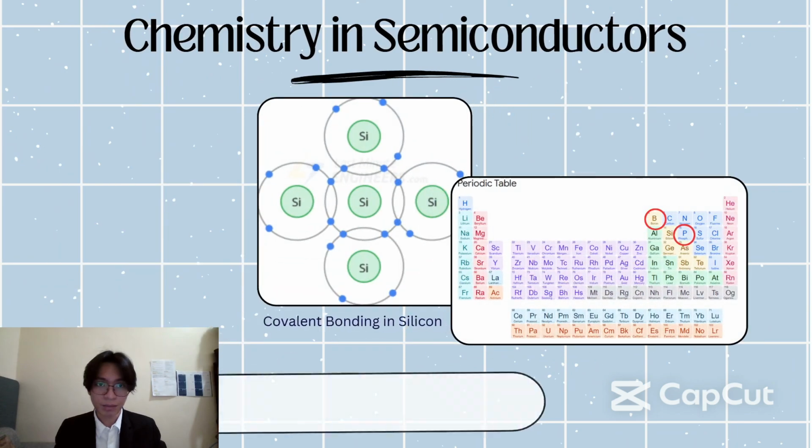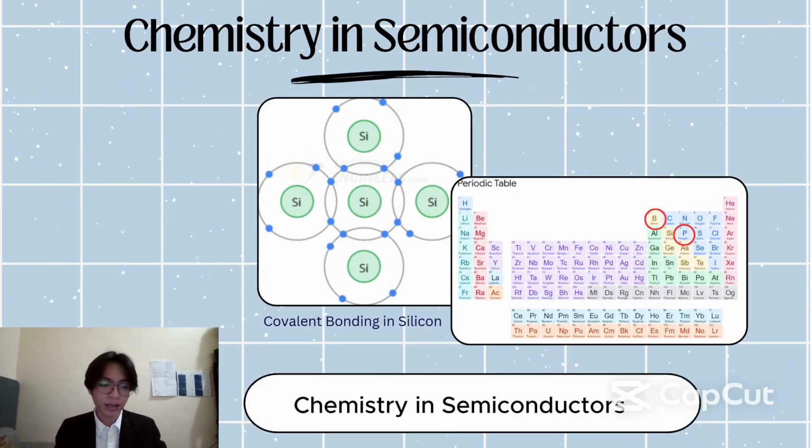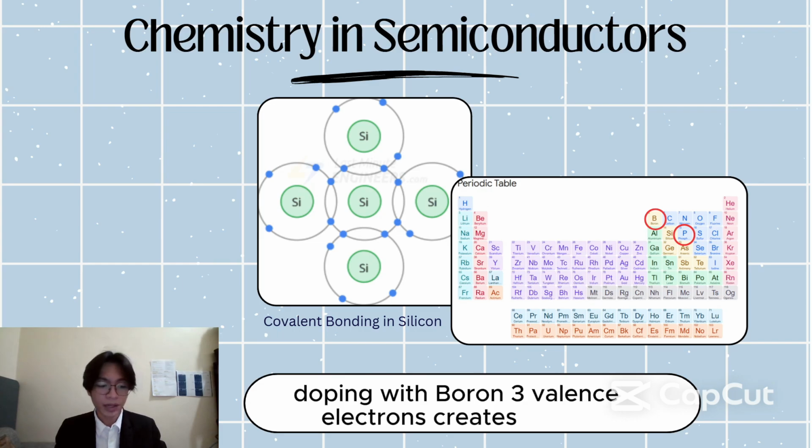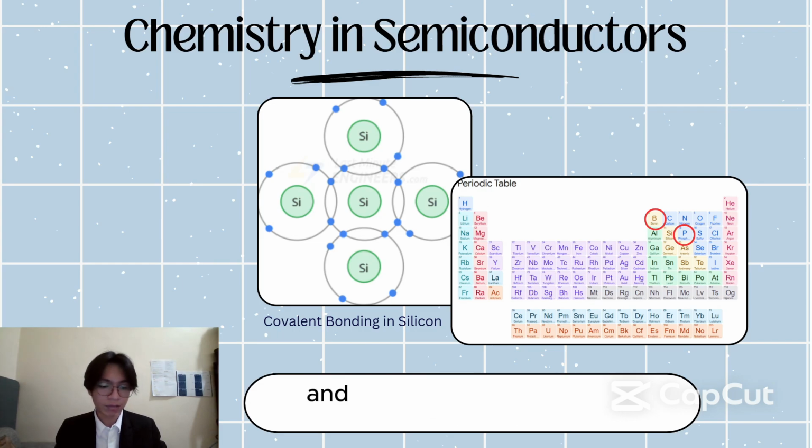Next up is chemistry and semiconductors. Here are some chemistry facts in semiconductors. Chemically, silicon has four valence electrons and forms a stable covalent lattice. Doping with boron, with 3 valence electrons, creates p-type silicon, and phosphorus, with 5 valence electrons, creates n-type, as shown a while ago.